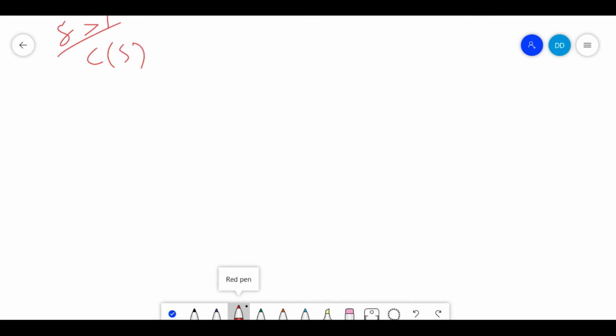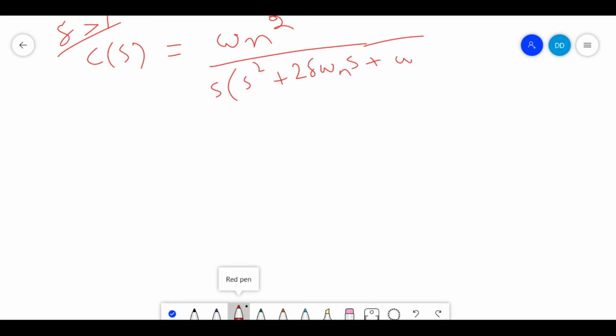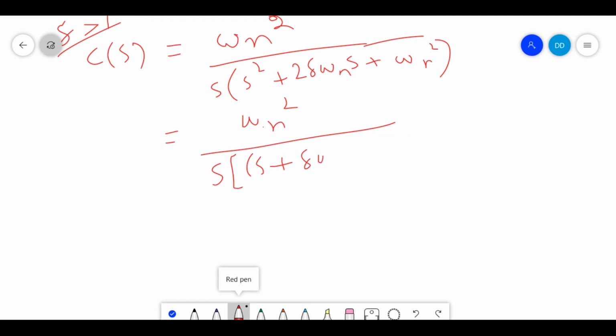So we have delta greater than 1. We have C of S equal to omega n square divided by S into S square plus 2 delta omega n into S plus omega n square. So we can rewrite this as omega n square divided by S into S plus delta omega n the whole square minus omega n square into delta square minus 1.